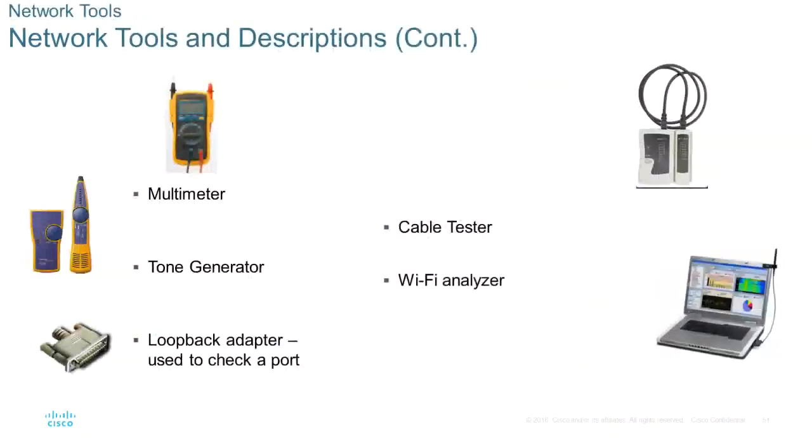How do I check to make sure the connection I just made works properly? You can use a multimeter to check, because it's all a circuit. Use a tone generator, so you plug one end onto the cable and it makes a signal, and the detector picks up on that signal and makes an audible sound when it detects the signal.